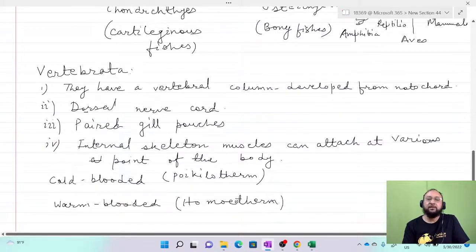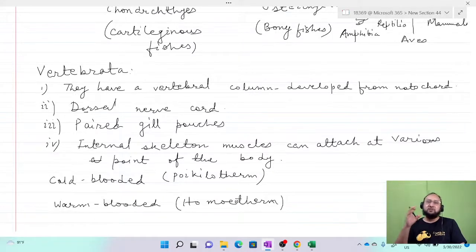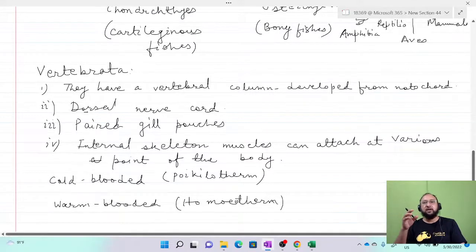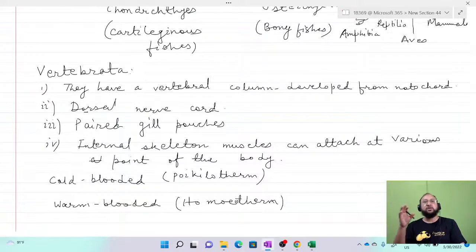Okay. That means cold-blooded. In case of the vertebrates, some groups of animals like the amphibians, and even fishes, Pisces, amphibians and reptilia, these are cold-blooded. Means the temperature of the body decreases or increases depending on the temperature of the environment in which they are living.